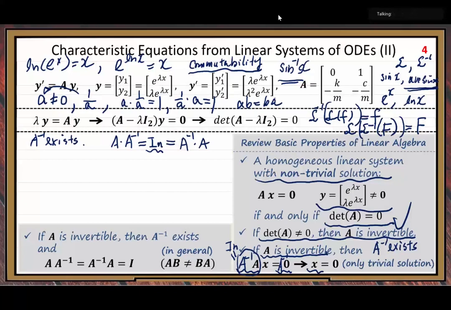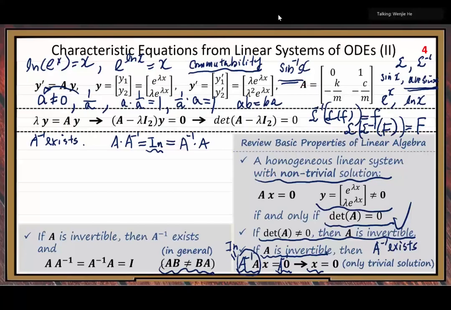But when we move to matrix algebra, in general A times B is not equal to B times A. You select two arbitrary matrices, A matrix and B matrix. In general, they are not commutable.